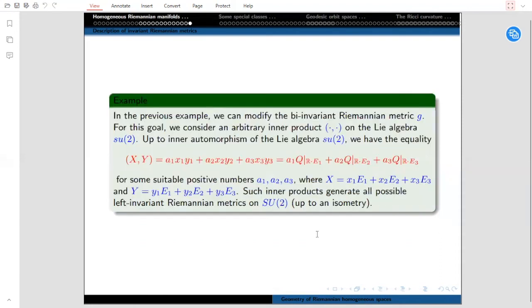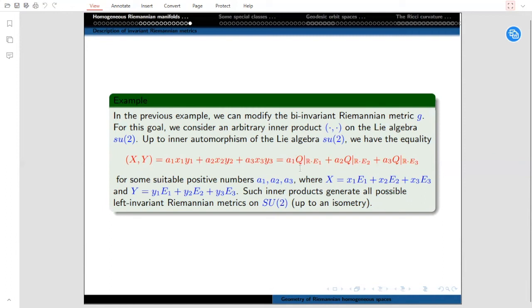And now some variation. In the previous example, we can modify this bi-invariant Riemannian metric. For this goal, we consider an arbitrary inner product on the Lie algebra. Up to an inner automorphism of the Lie algebra su(2), this arbitrary inner product has this form. You see a1, x1, y1, and so on.